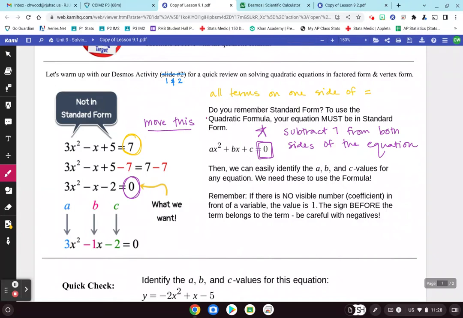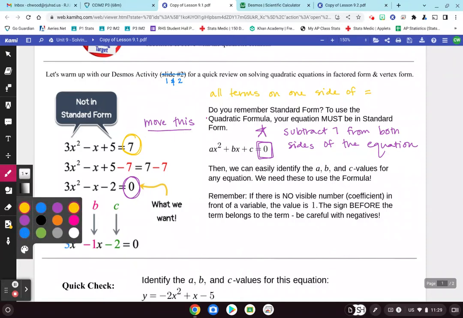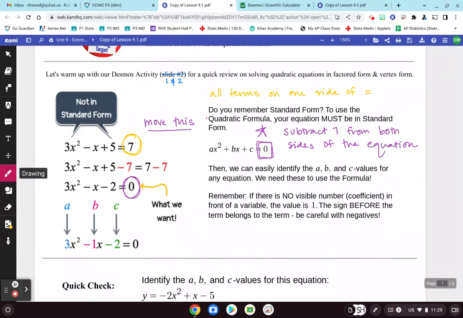Okay, once you've got your equation set up, then you can go through and start identifying the parts. What we do is we look for the coefficients of each term. So the A, B, and C values are the coefficients, the numbers in front of the x's.